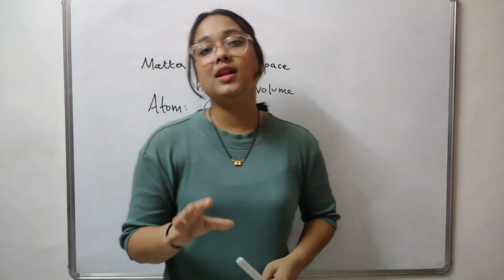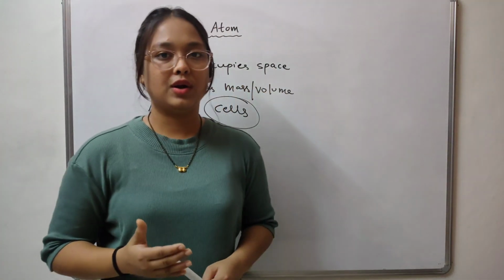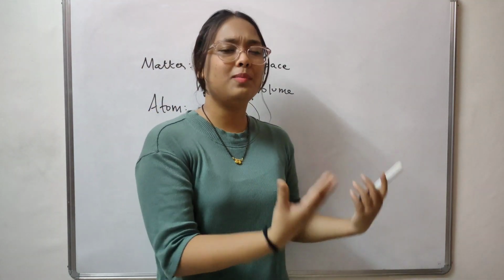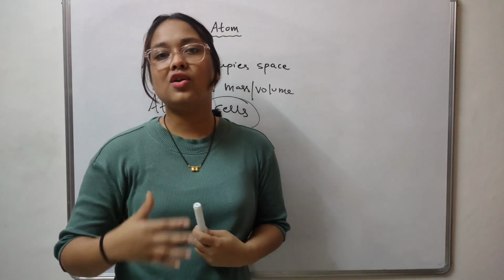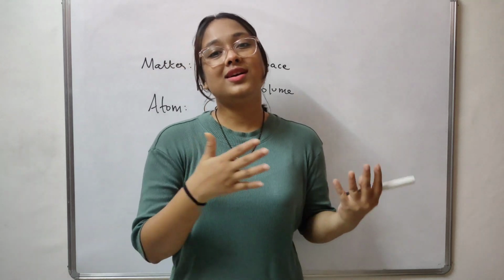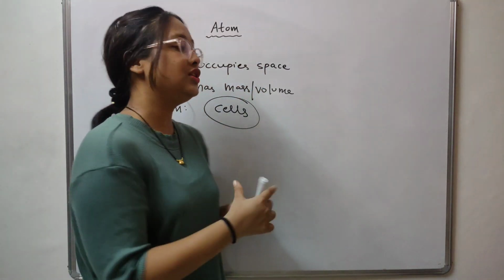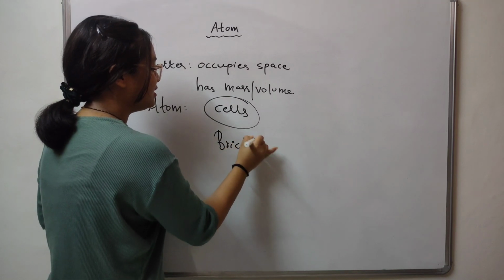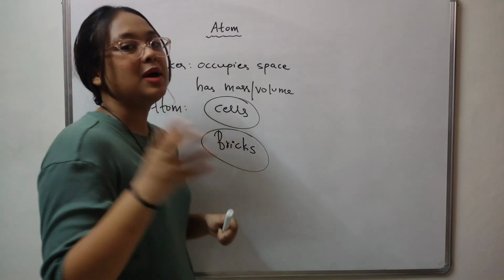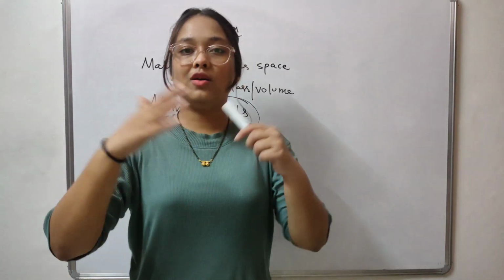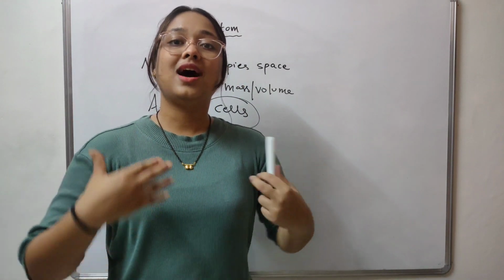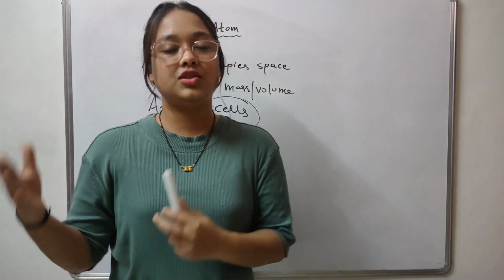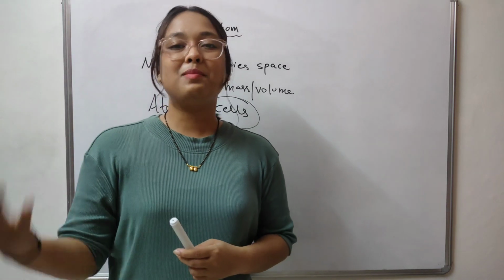Okay, similarly, if there is construction going on of a building, or there's a construction going on of a house, in order to construct something, the smallest unit that we use, those tiny materials, they are known as bricks, right? Bricks, when put together, you will get a wall, and when these walls are arranged in a particular structure, you end up with a building, right?